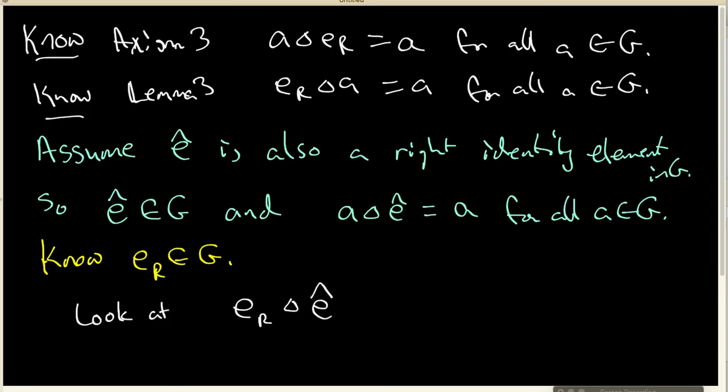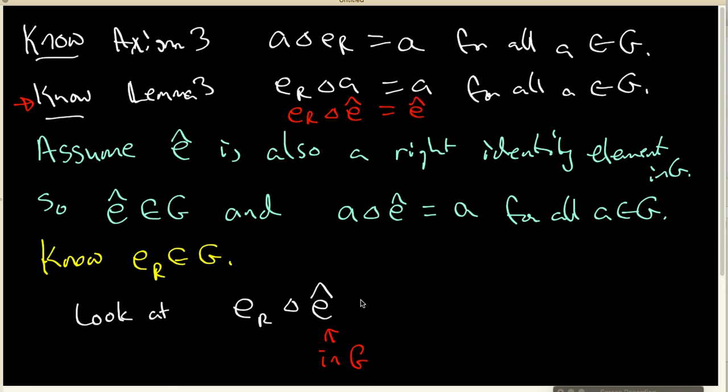Now, I want to think very carefully about this. Looking at lemma 3, I kind of want to be focusing in on this idea. I know that ER triangled with anything in G, and E hat is in G. And so E hat can be placed in for the A up here, and ER triangled with E hat becomes equal to E hat.